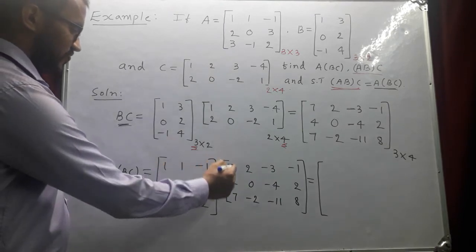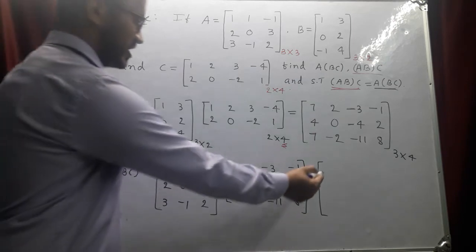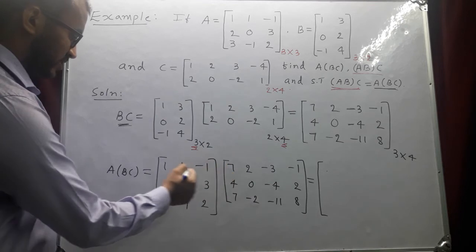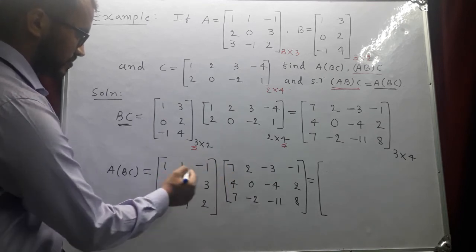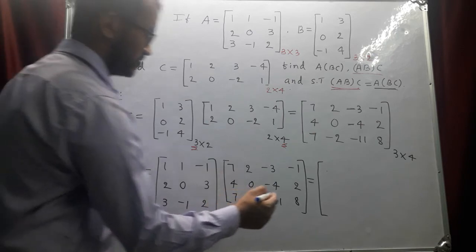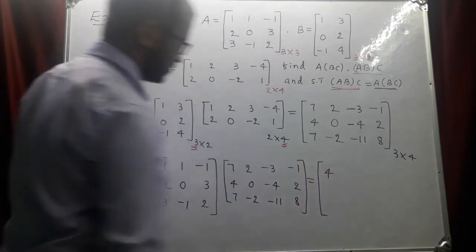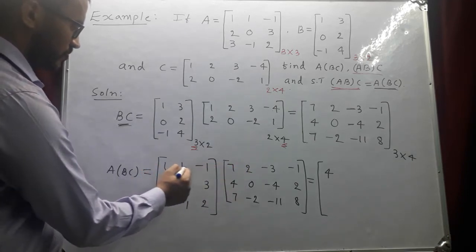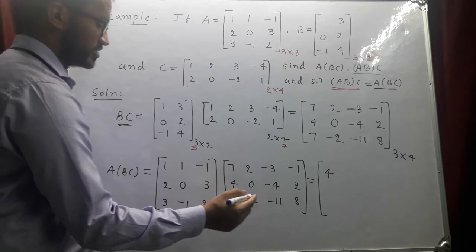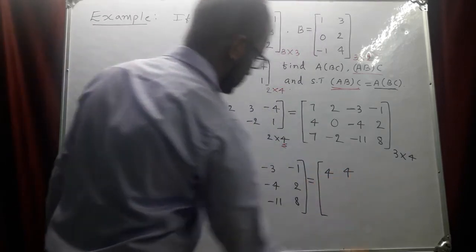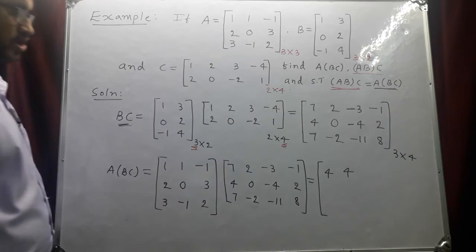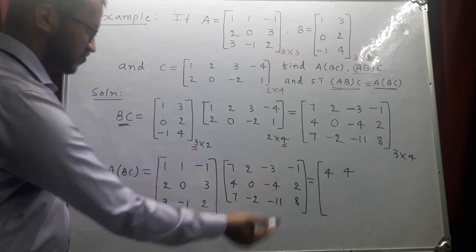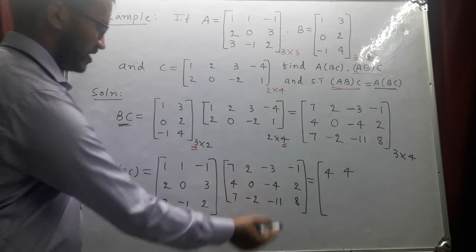Again, first row, first column, we get the first element of the product. So what will we get? 1 into 7, that is 7, plus 4 minus 7. We get it as 4. First row, second column, 2, 0, 2, that is 2 plus 2 becomes 4. First row, third column, minus 3 minus 4 plus 11.